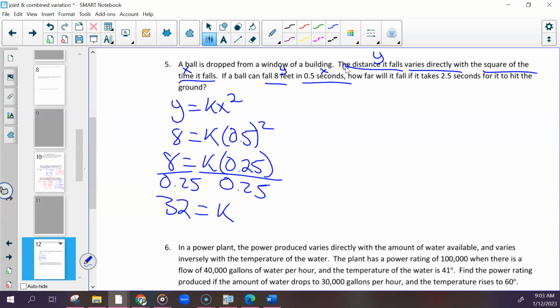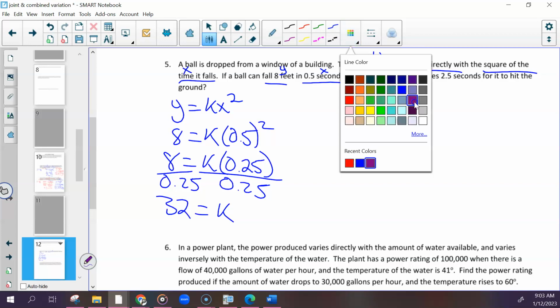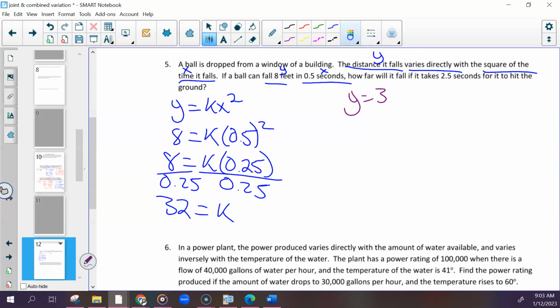Then we can put that back into our original. Y equals 32x squared. And then we're looking for how far it'll fall if it takes 2.5 seconds. What are we looking for? X or Y? Y. Okay, so keep y as the variable, 32 times 2.5 squared.